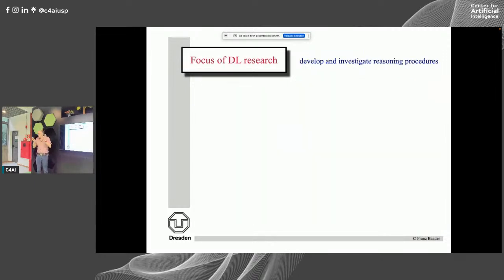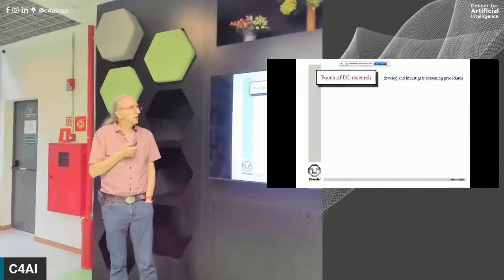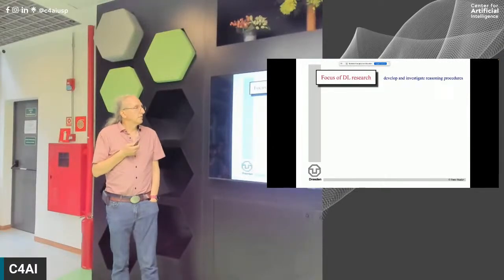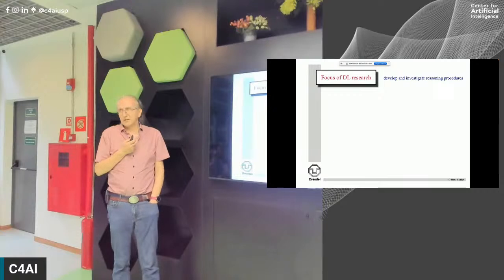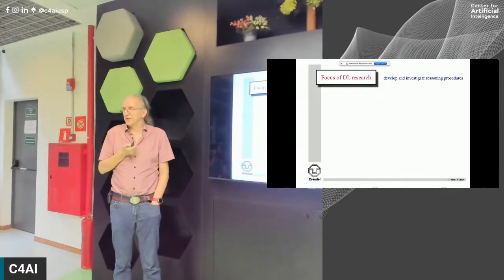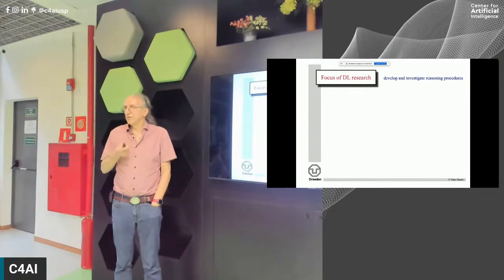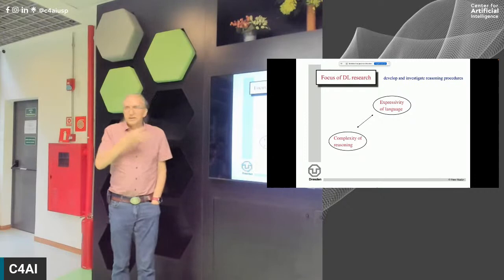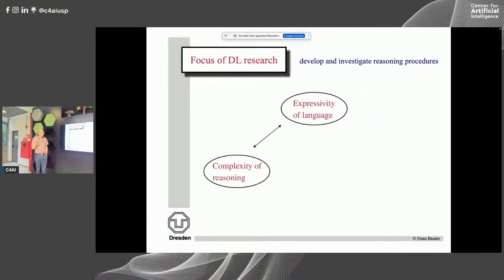Now, I already mentioned this on one of the introductory slides, but just to emphasize this again, the main emphasis in DL research was on developing reasoning procedures. Because if you have such a language, it's only useful if you can also reason effectively. And so this gives you this trade-off between complexity and expressivity of the language.